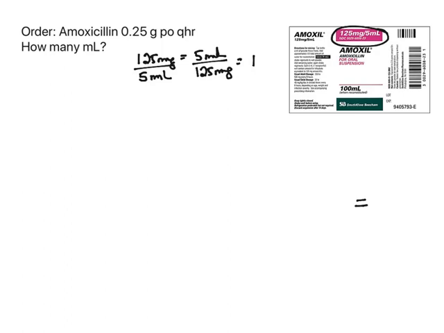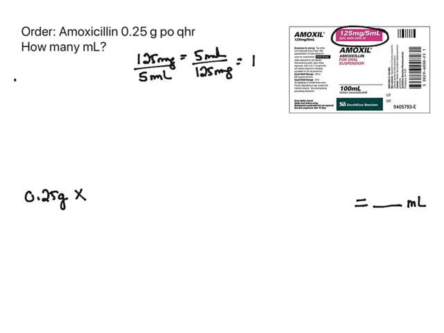So let's start over here, and I'm going to put my blank, and I know that a question I need to give is how many mils, and the order is for 0.25 grams. Now, we have a little bit of a problem here because this dosage tells us what we have in milligrams and not in grams. So we need to know how to convert.